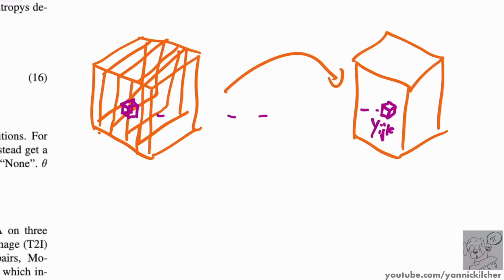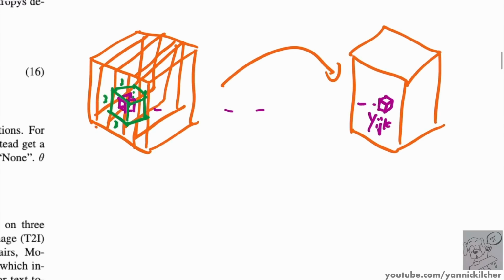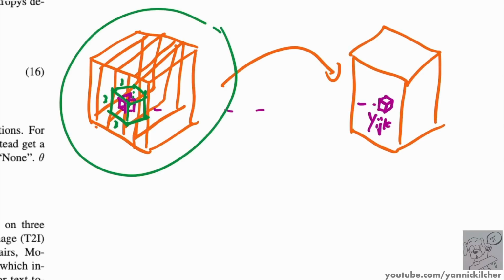Then we define a local neighborhood around it. It's again going to be a cube, just a little bit bigger, and as far as I can tell they're using 3 by 3 by 3 cubes right here. While the queries are generated from the entirety of the tensor, the keys and values are only computed from that cube.